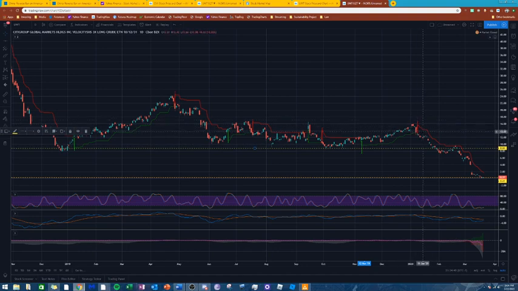When supports get broken, they tend to turn into resistance. We broke through support, came back up to this key level, there was resistance there, and then we broke lower.